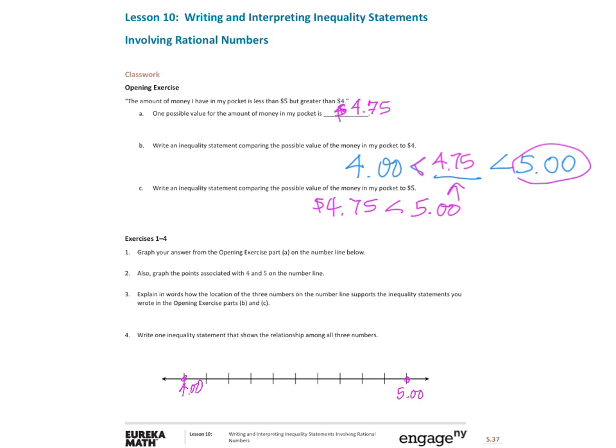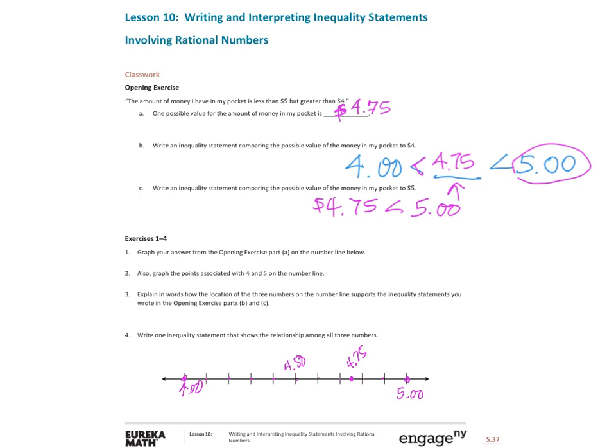So 4.10, 4.20, 4.30, 4.40, 4.50, so this would be 4.50, 4.60, 4.70, 4.80, 4.90. Yep, so they're divisible by increments of a dime, right? So right here is my 4.75. It's right between 4.70 and 4.80.